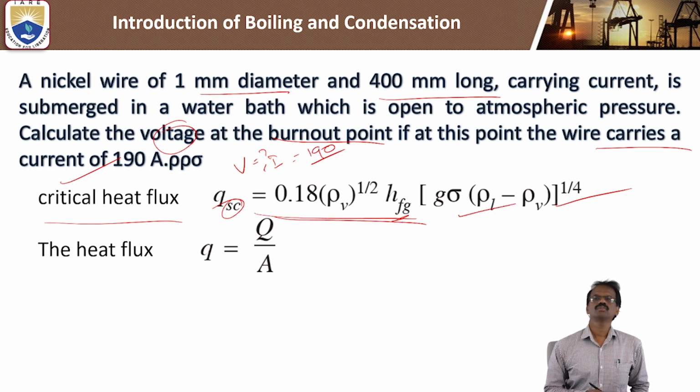Okay. So if you know the critical heat flux, then you can find out the V value. Because q critical is equal to Q by A, then Q is equal to the critical heat flux into area.